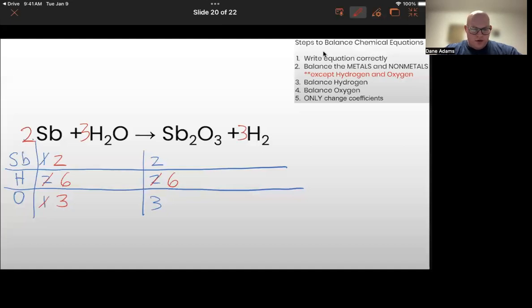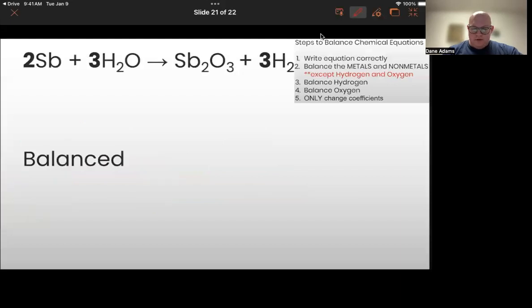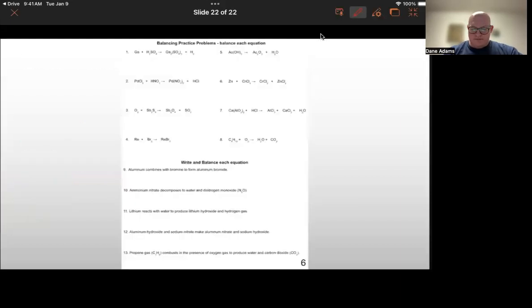Okay, go ahead and take a look. This is what I've got. 2, I think Sb is antimony. I hope I'm right. 2 antimony atoms plus 3 water molecules makes antimony oxide and 3 hydrogen molecules. Oh, good. Yeah. So that's kind of the idea.